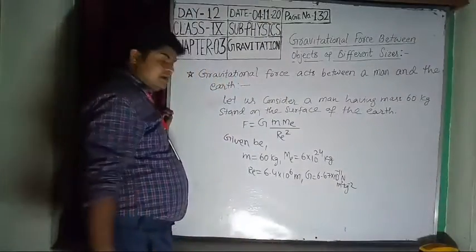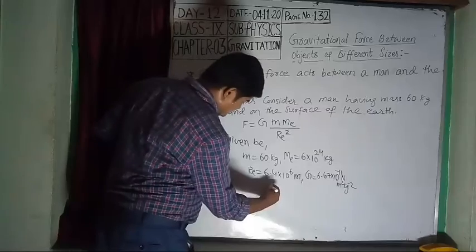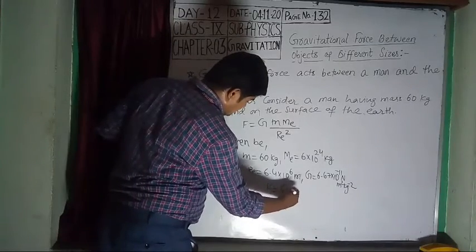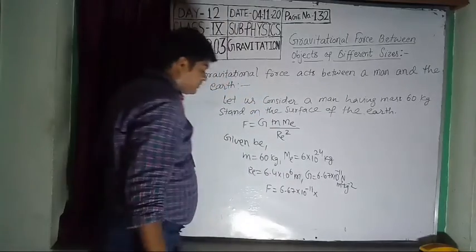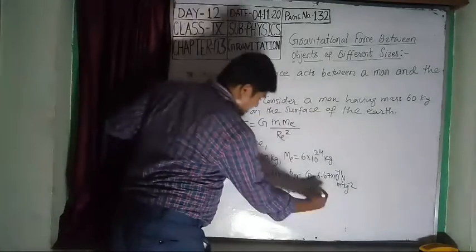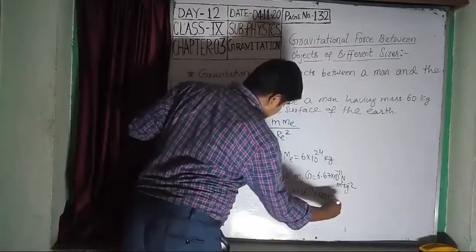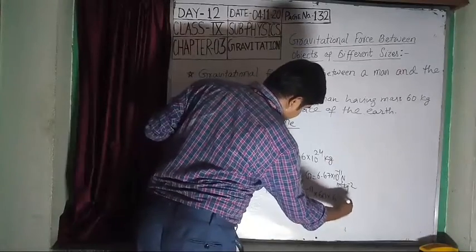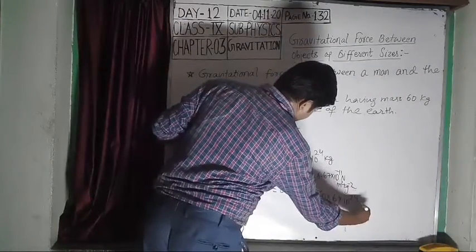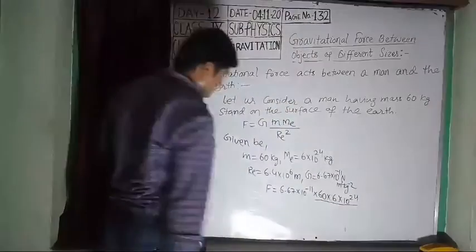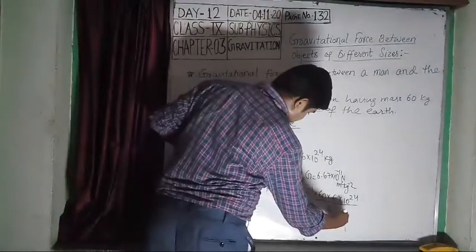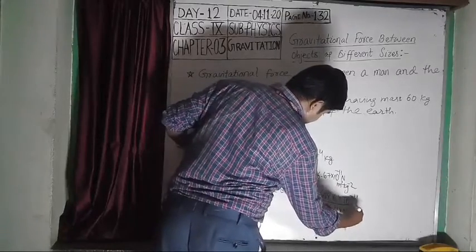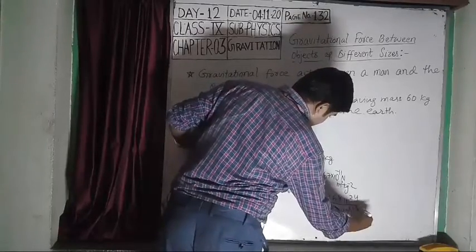Now put the value of these terms. 6.67 into 10 to the power minus 11 into mass of the man 60 kg into mass of the earth 6 into 10 to the power 24 kg by radius of earth 6.4 into 10 to the power 6 whole square.